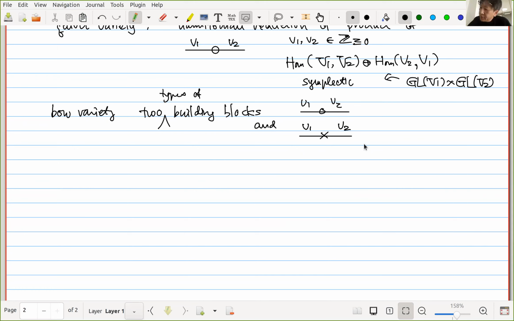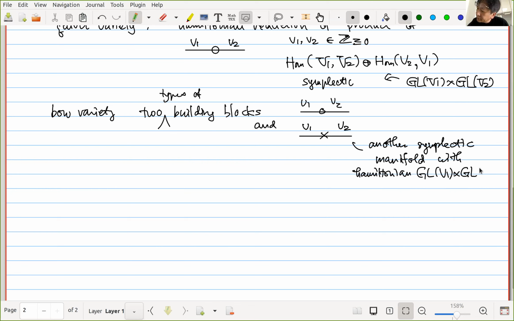So this is another symplectic manifold. This is not a vector space anymore. It is a complex symplectic manifold with a Hamiltonian action of GL V1 times GL V2.